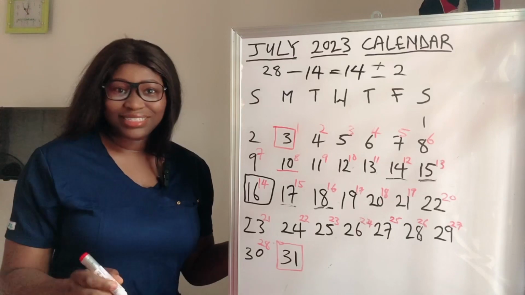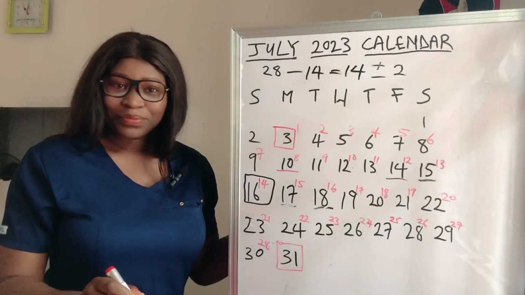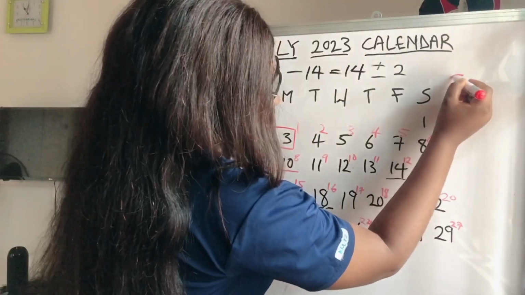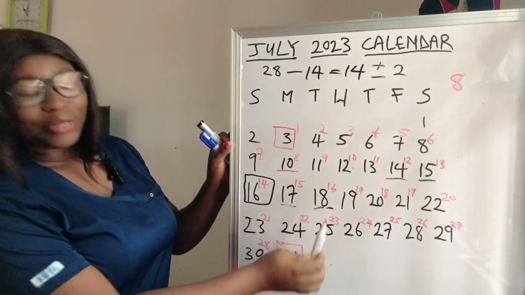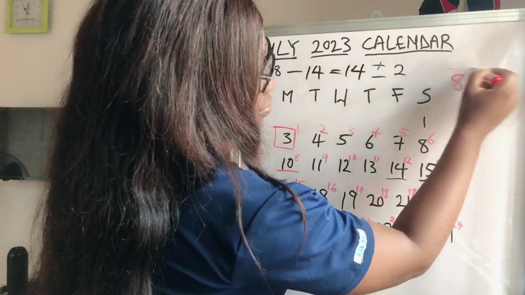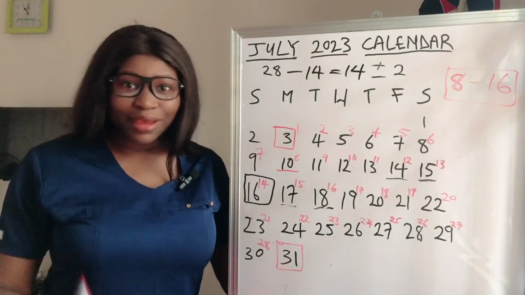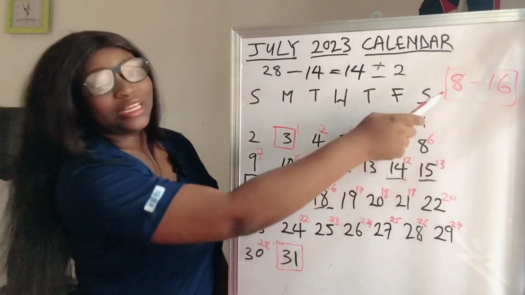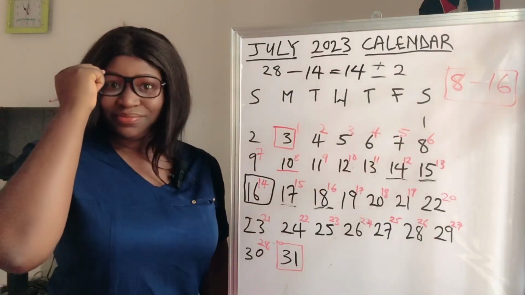Do you understand? So her fertile period starts from cycle day 8 to cycle day 16. For a woman with a 28 day cycle, her fertile period starts from cycle day 8 to cycle day 16.